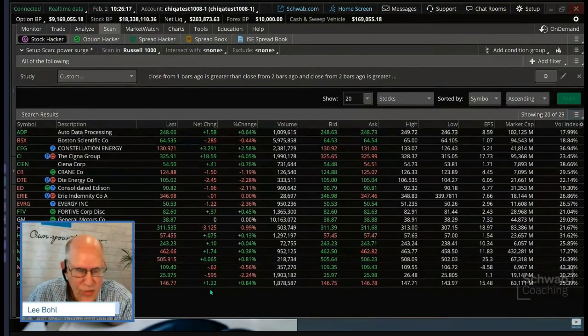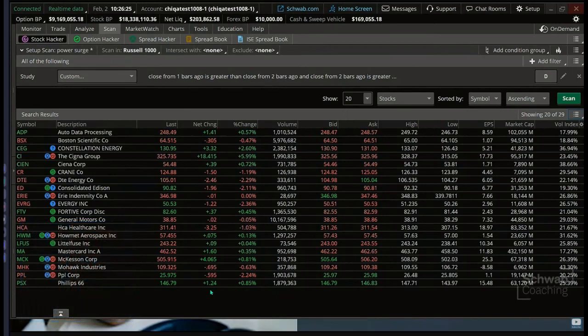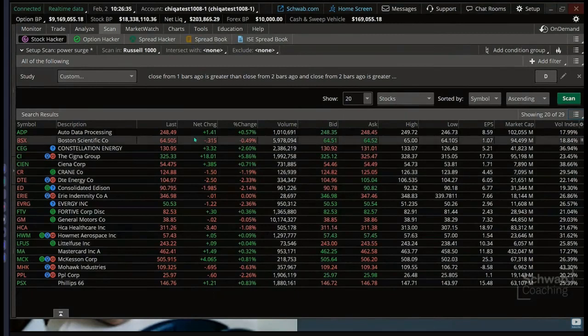All right, we get quite a few. These are stocks which have been going up for the last few days, and the volume pattern is very strong. Let's take a look at a couple of these. Take a look at Crane, for instance.